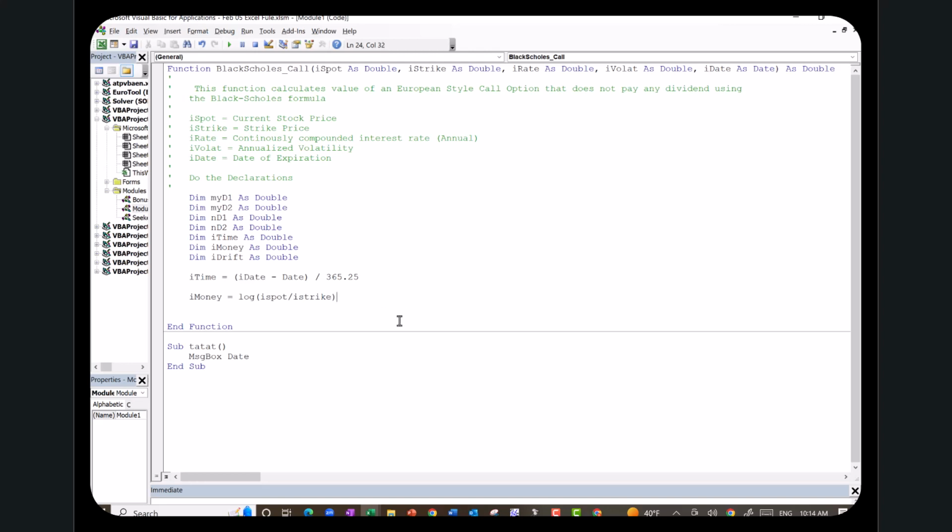Now, you may have noticed that I put in the function names and variable names with an interesting capitalization. A, I like it that way, and B, I'm not doing it all lowercase for a reason. When you're writing the code and you misspell the name of the variable or the function, if you did everything in lowercase, there is nothing that's going to tell you until you actually run it that you misspelled it.